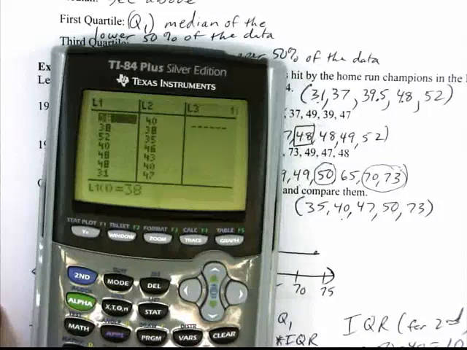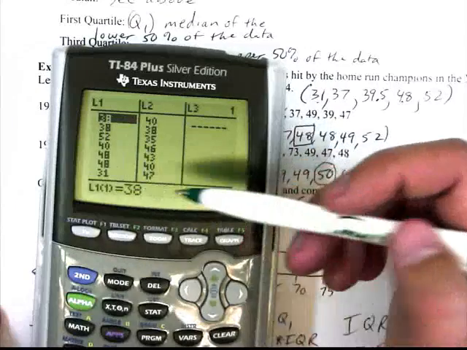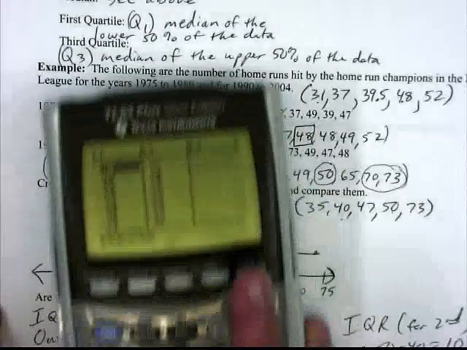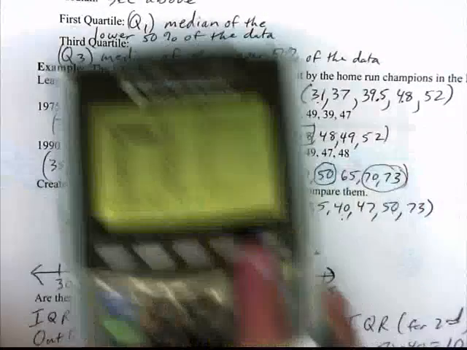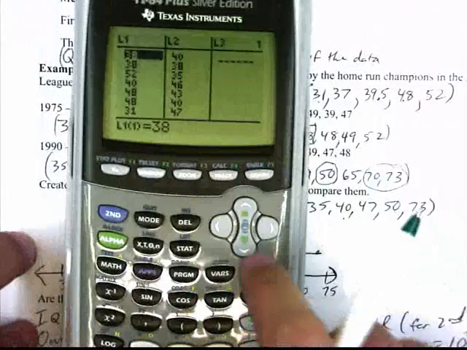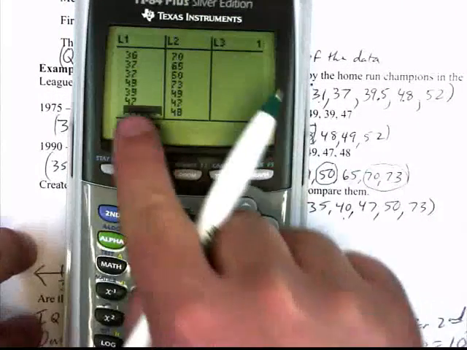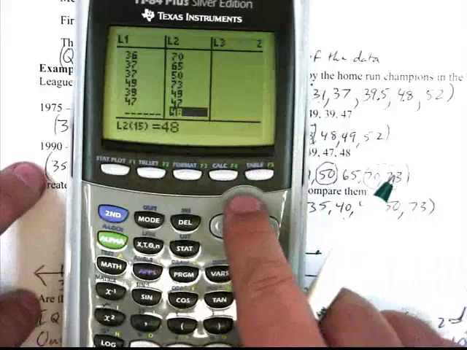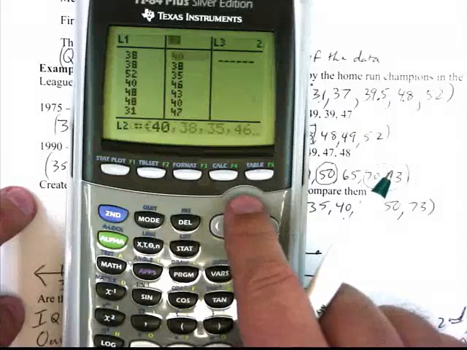So I'm going to choose Edit. And what I did was in L1, I put all of those numbers from 75 to 89, and I took out one of those 37s, this 37 right here. And I've got all of those numbers listed there. And remember, we had 14 of those right there. And in L2, what I did was I put all the other numbers from 90 to 2004, and I've got all of those in there.